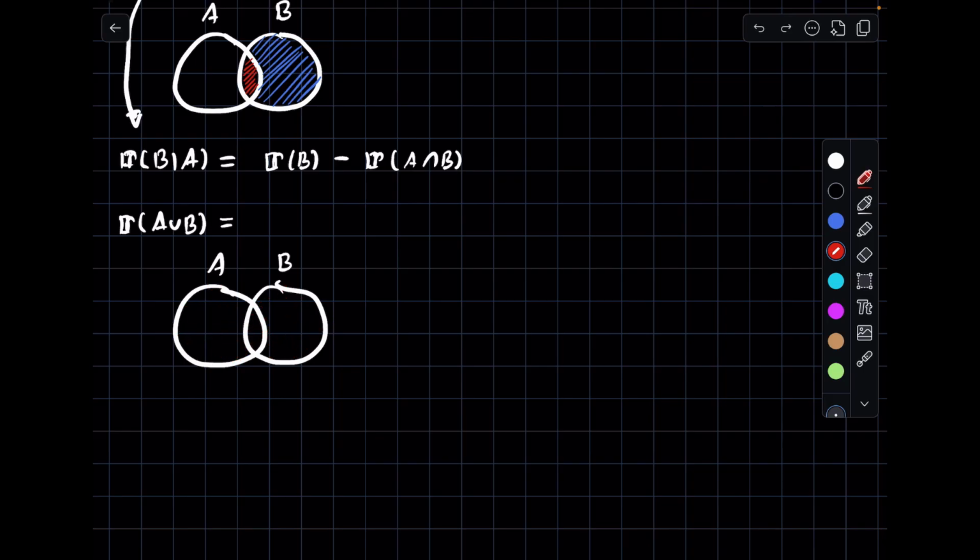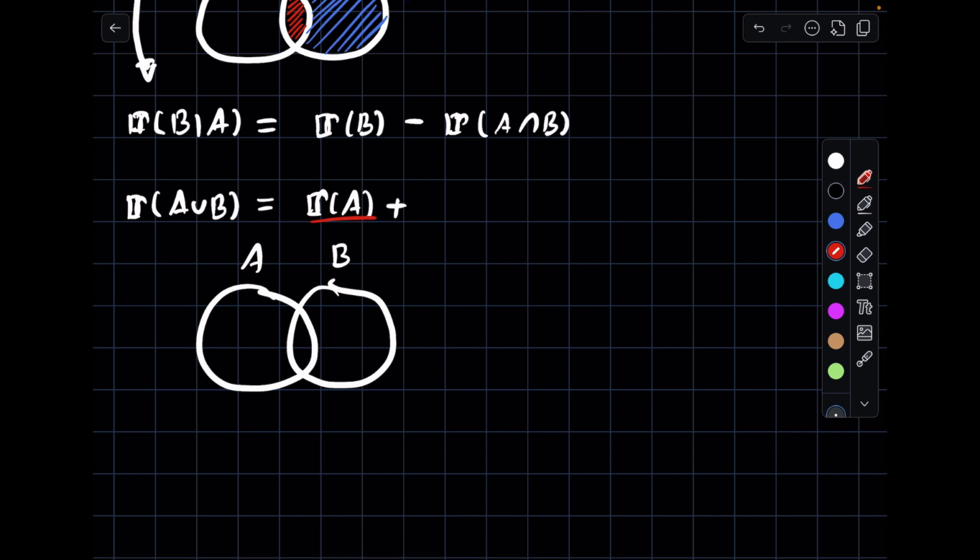Well, first of all, let's see what we can do. So we can include A, right? So let's include A. So P of A plus, right? And P of A in this case is gonna cover this whole section, including the intersection that you're gonna see, right? It's gonna cover all this, but we're missing this space, right?